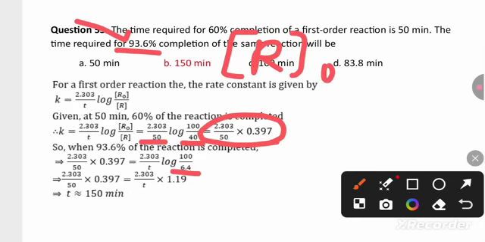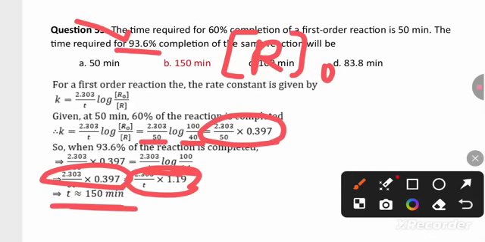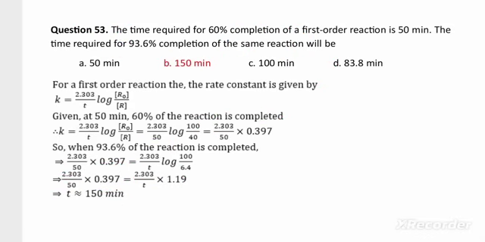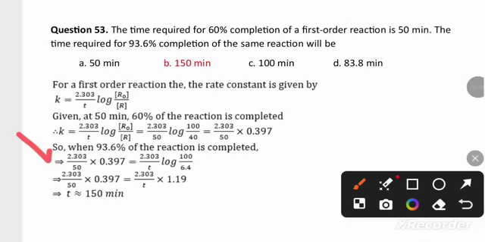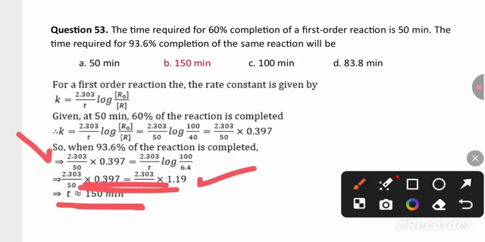For the second case, if you calculate, you will get this answer. So when you compare both equations, for 60% completion as well as 93.6% completion, the time taken for 93.6% completion is 150 minutes.